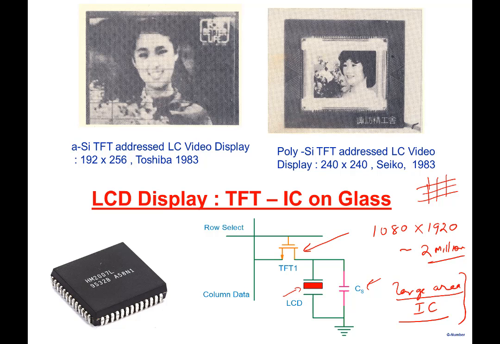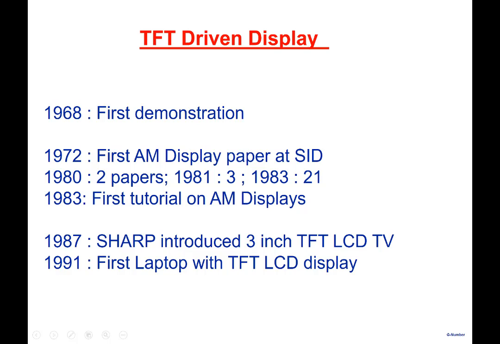TFT was invented in 1959 and survived as a very important element. Without this particular TFT, none of the high resolution displays that you're familiar with, except for some simple displays, would be possible. So this is an important billion-dollar technology, and TFT became an important element here.